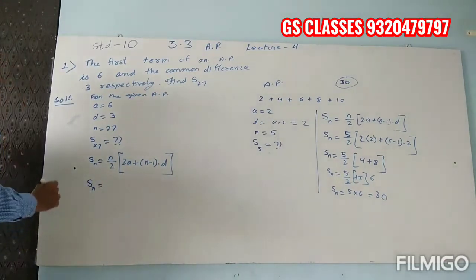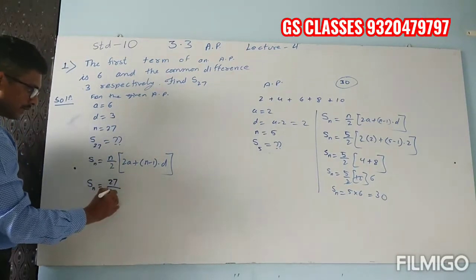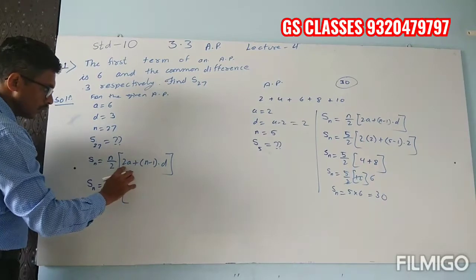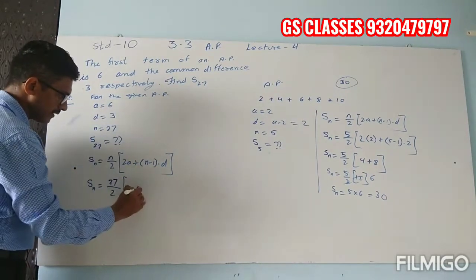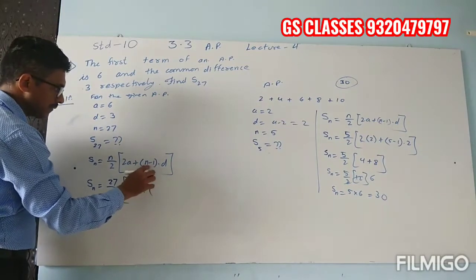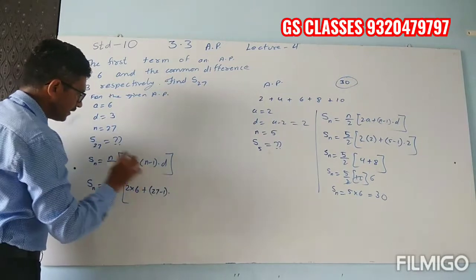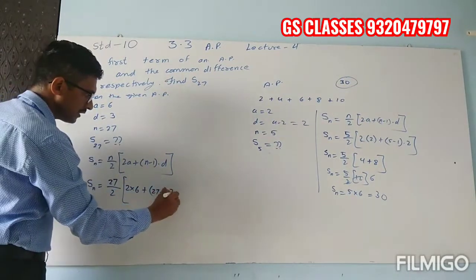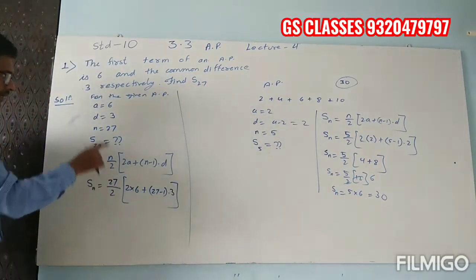Sn is this much. Now we will be putting all the values. Sn is n by 2. N is what? 27 by 2. 2a, 2 into a, plus n minus 1 into d. N is 27, d is 3. Just we are substituting the given values.